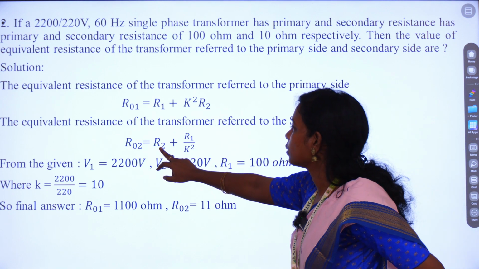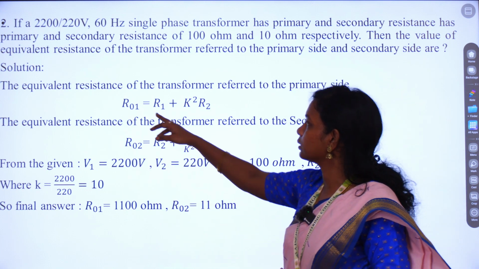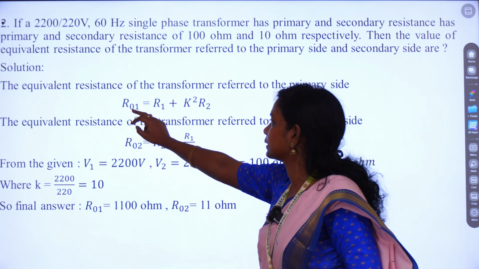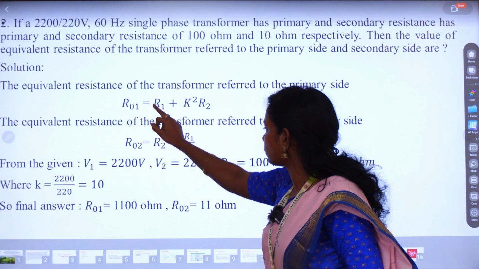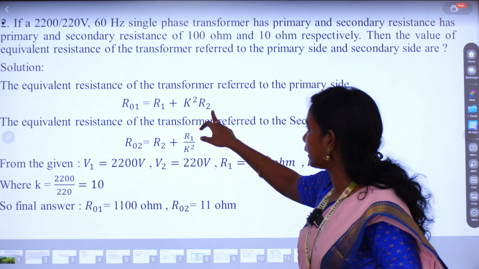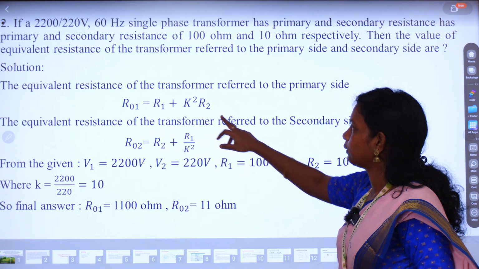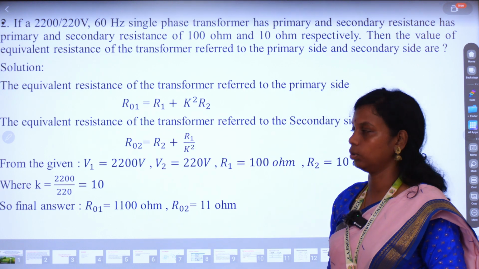To find R01, we have the total equivalent resistance referred to the primary side. What is R1? 100 ohms. And what is the turns ratio? 10 square. What is R2? 10 ohms. While substituting, we get 1100 ohms.